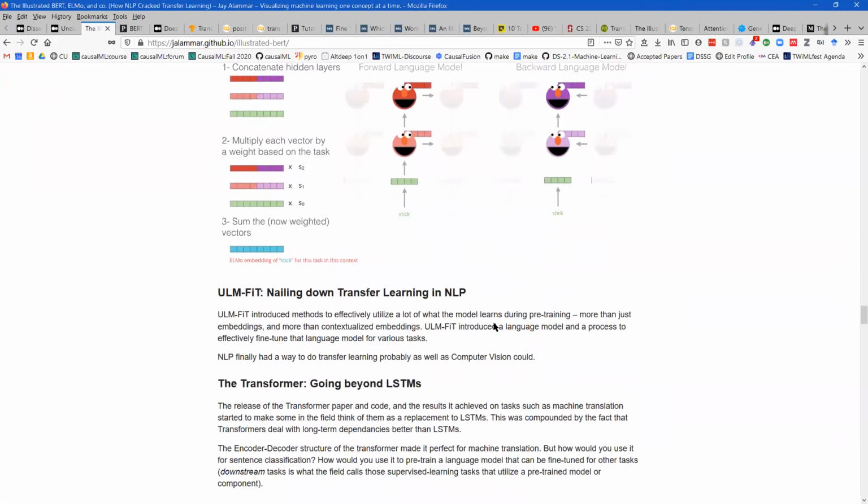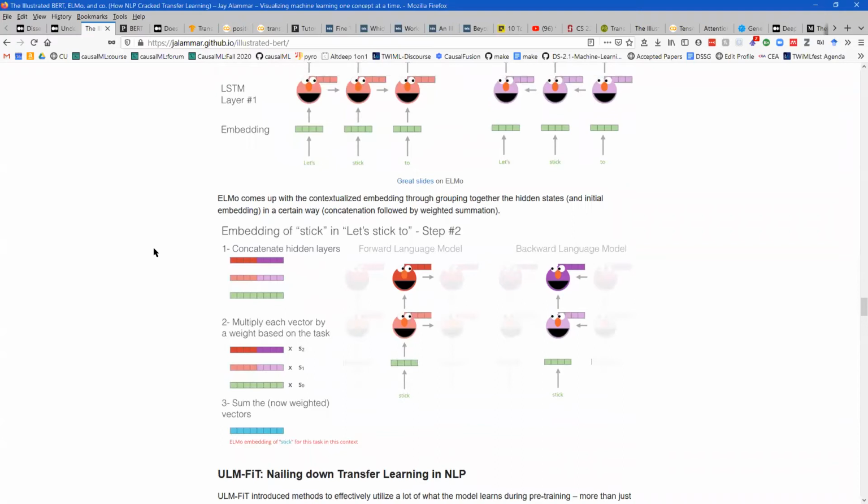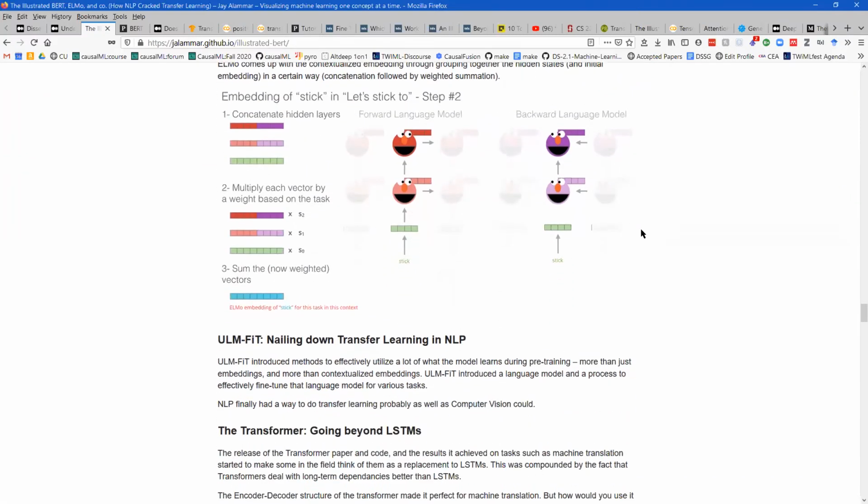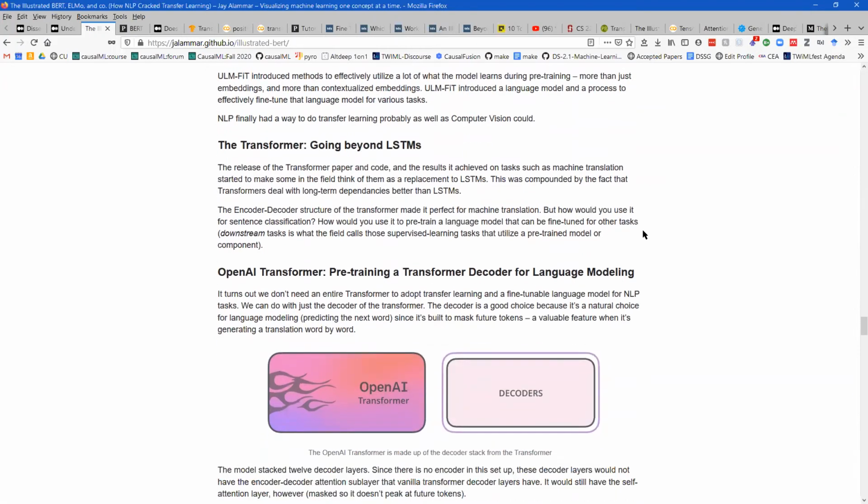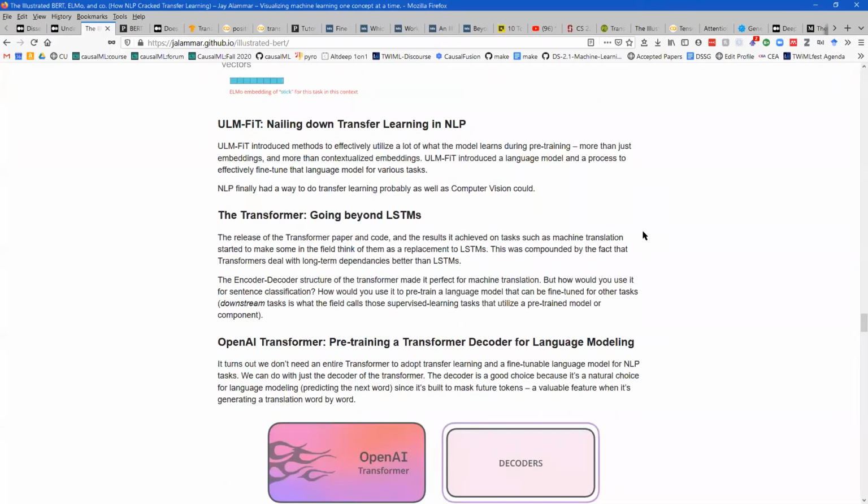Okay, so having gone through and got a bird's eye level view of what ELMo does with the help of Gautam and Srinivas's comments, we next move on to ULMFiT, and this is something we already know something about.